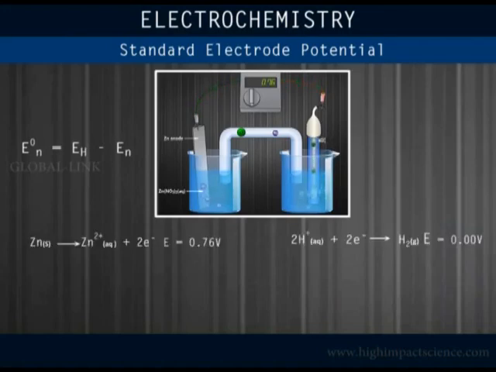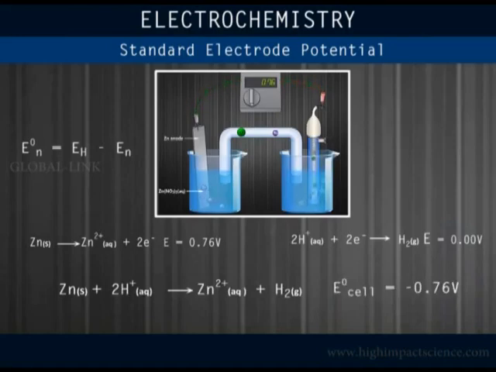Ionic equations: zinc is oxidized to zinc ions. The standard electrode potential is 0.76 volts. Hydrogen ions are reduced to hydrogen gas with a standard electrode potential of 0.00 volts. Overall ionic equation is shown here, and the standard electrode potential is negative 0.76 volts.